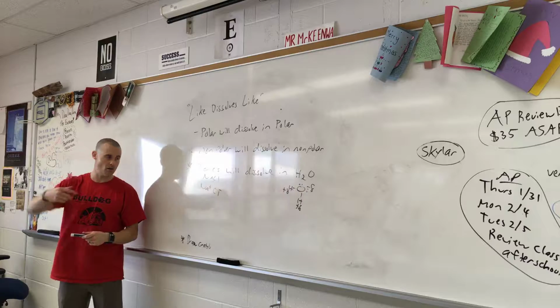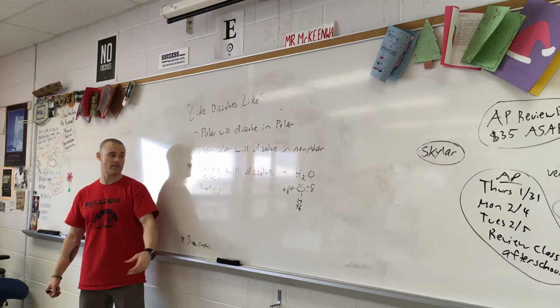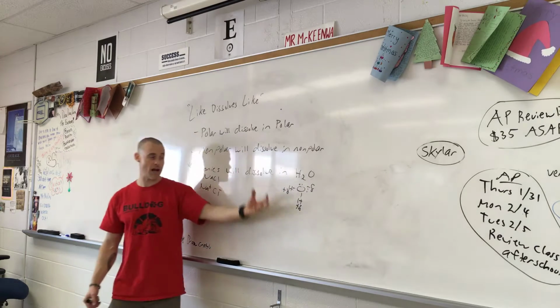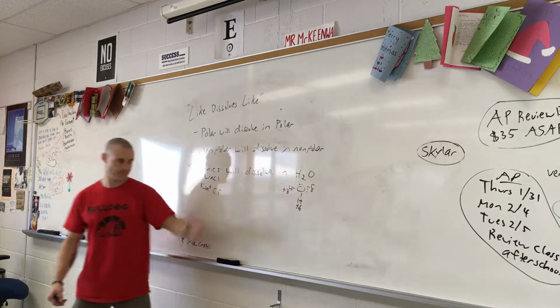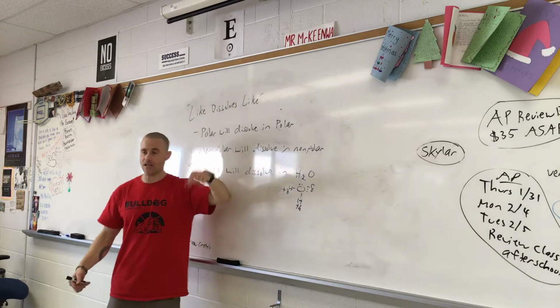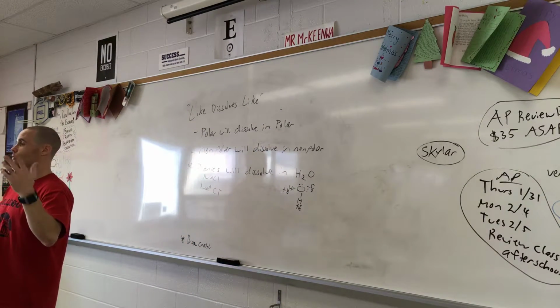So when you make salt water, say you've got a sore throat and want to gargle some salt water, the only reason it works is because of this. There's ions in the salt that are attracted to the partial charges of water. If water wasn't polar, it wouldn't work.